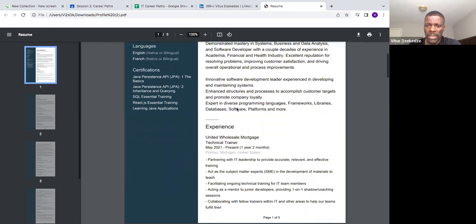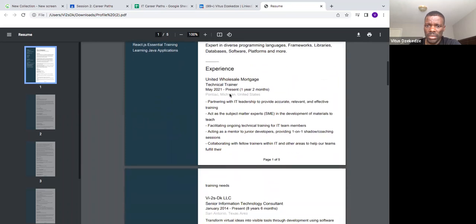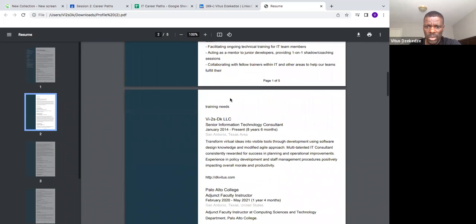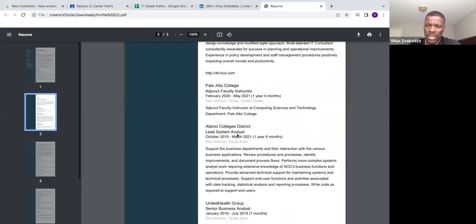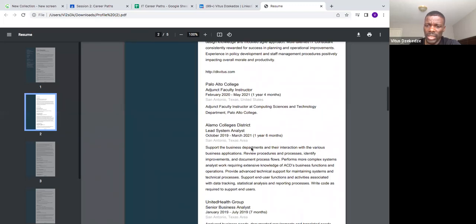Then it lists out your experience. Right now I've gotten a little over 2 years as a technical trainer, but already over 8.5 years as an IT consultant. I also worked as an adjunct faculty at Palo Alto College, as well as a lead systems analyst for about 1.5 years.